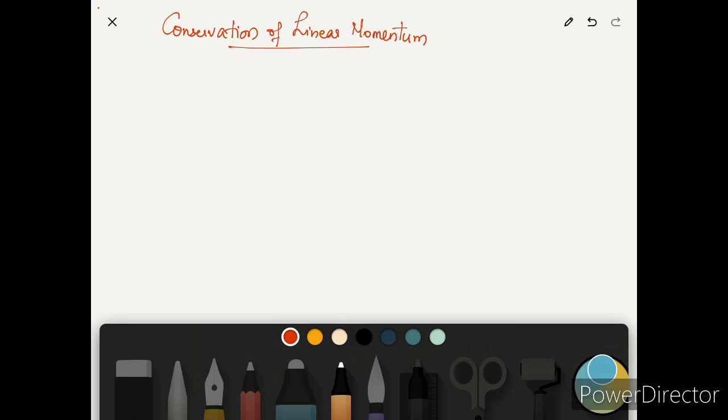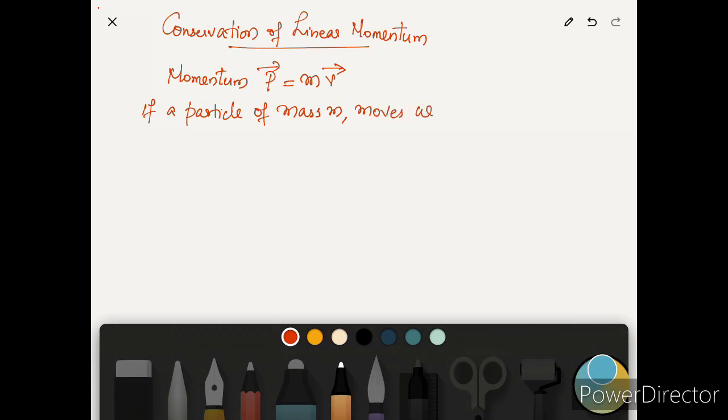So we know that momentum P is equal to m times v. Consider a particle of mass m that moves with a velocity v.